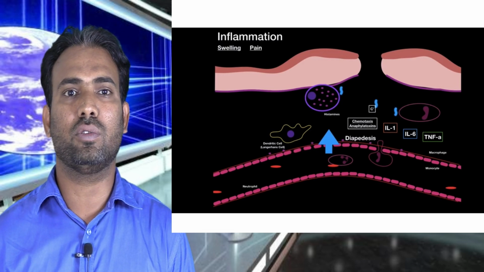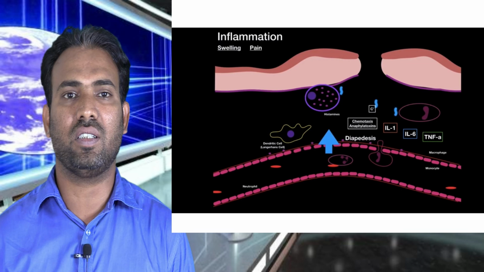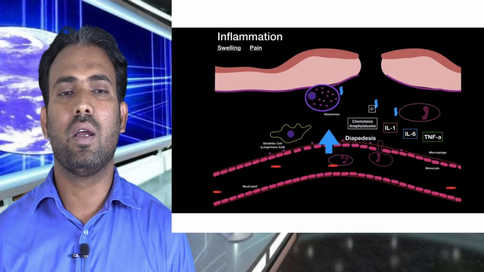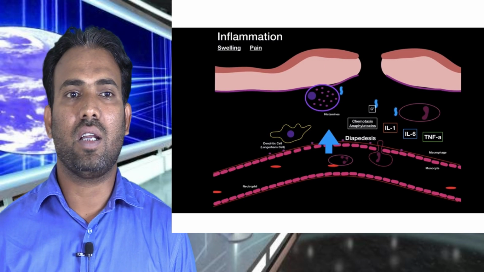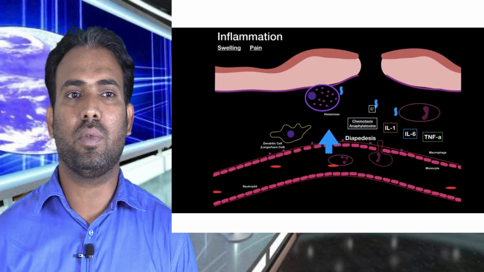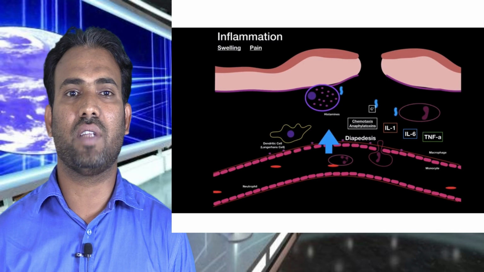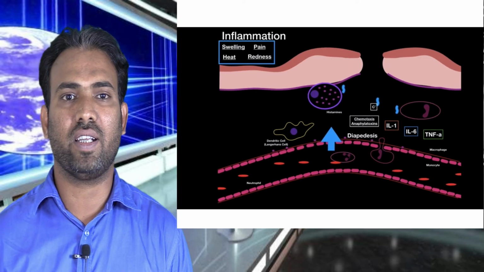With these toxins it will try to eradicate the microorganism that entered through the puncture. If that is not possible by the dendritic cell itself, it will call for the neutrophil and monocytes.